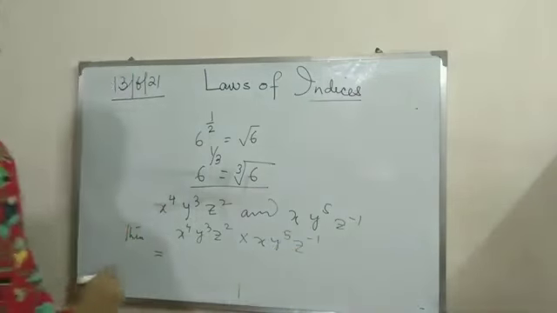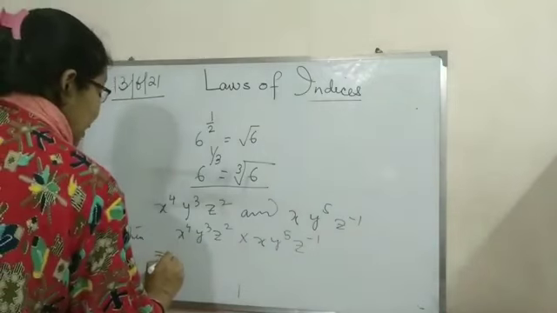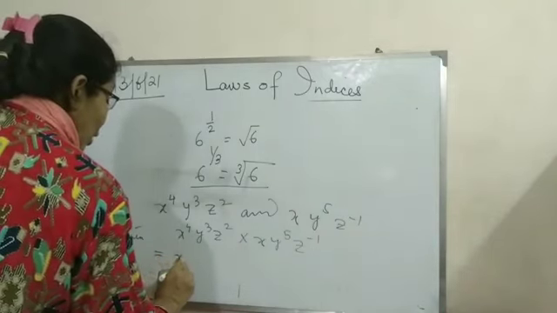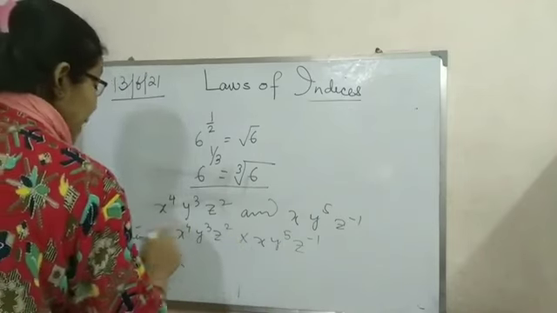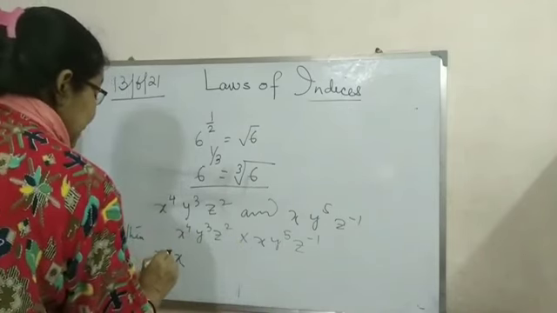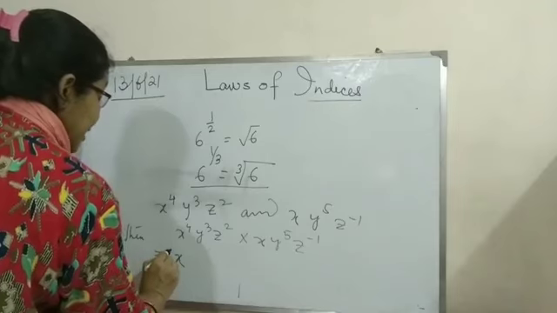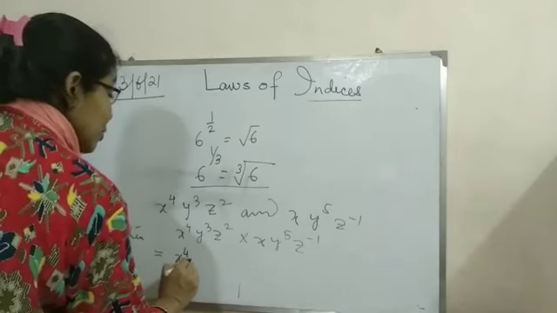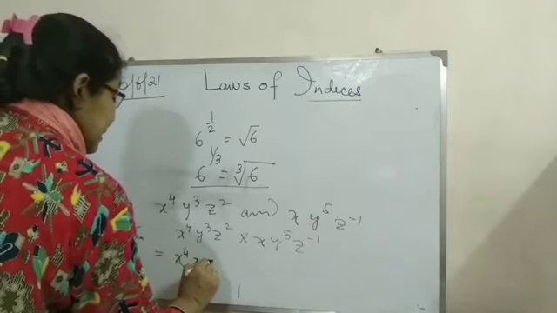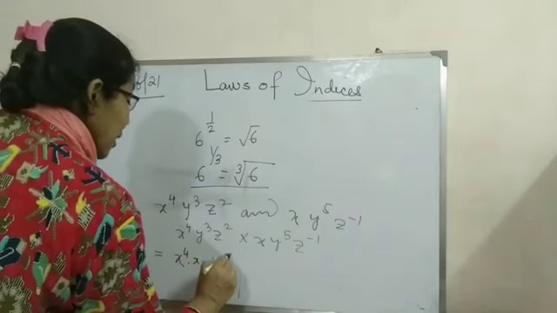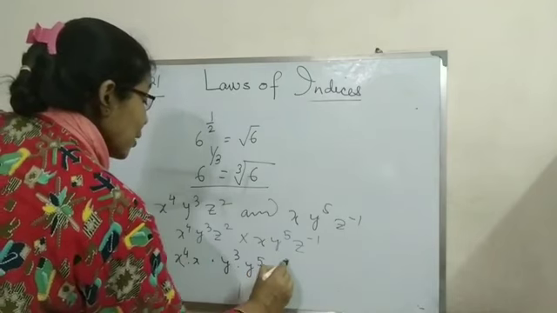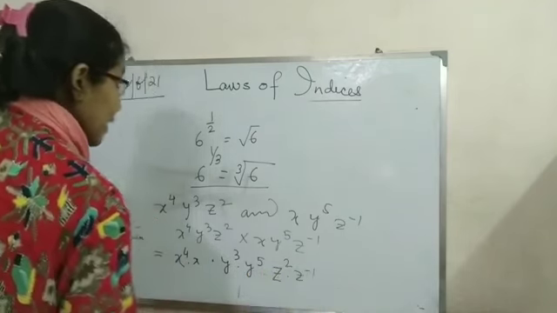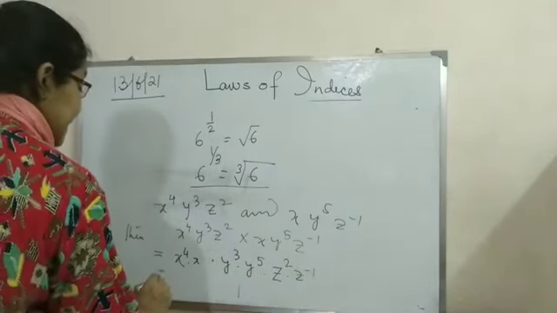So here I am grouping the variables. That means I can write it in this way, x to the power 4 into x, y to the power 3 into y to the power 5 and z to the power 2 into z to the power minus 1.